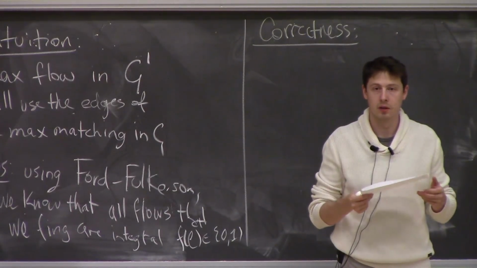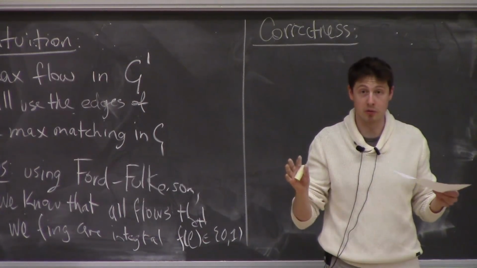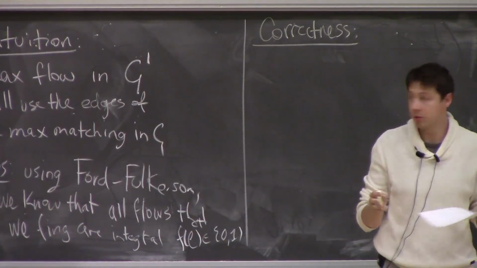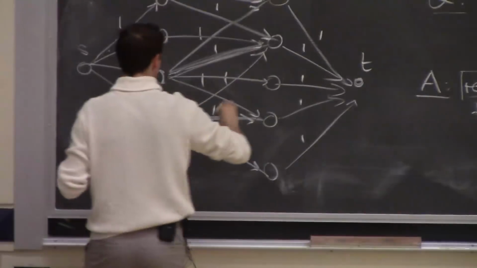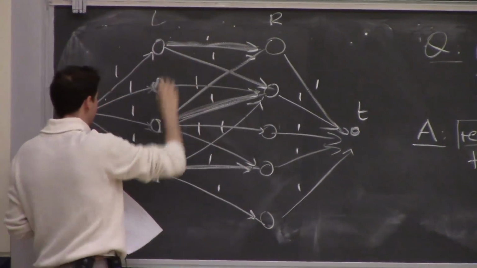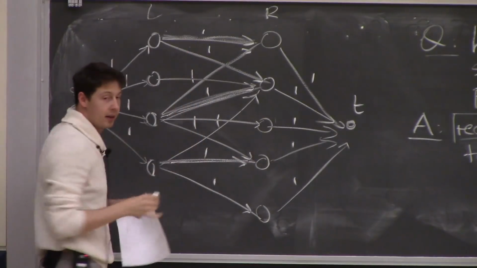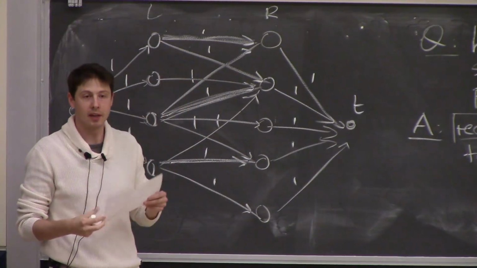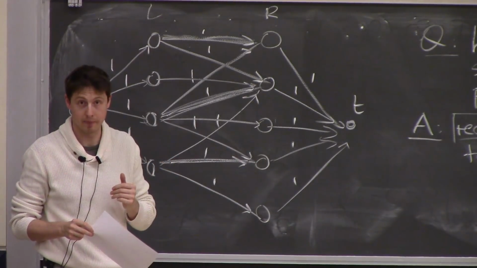Yeah? Yeah, I just output those, okay? Excellent. So the answer is that once I find a maximum flow, I don't really care what's happening here or here. In the middle, every edge carries a flow of either 0 or 1. I take all of the ones that have 1 assigned to them, and I call those a matching, okay?